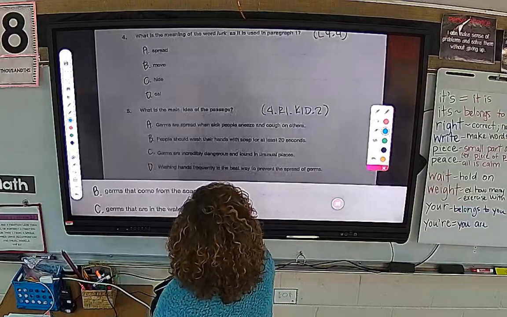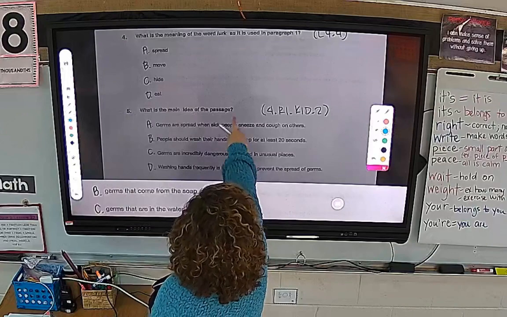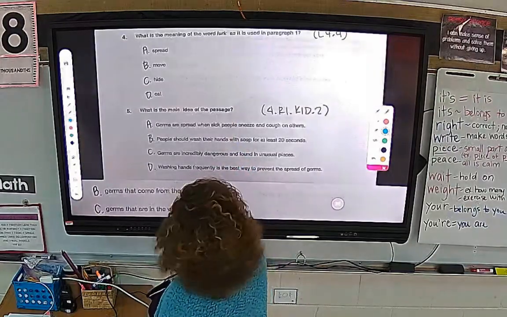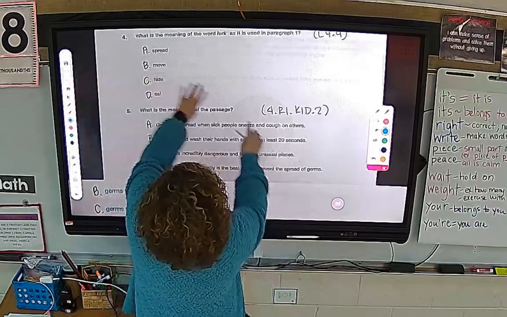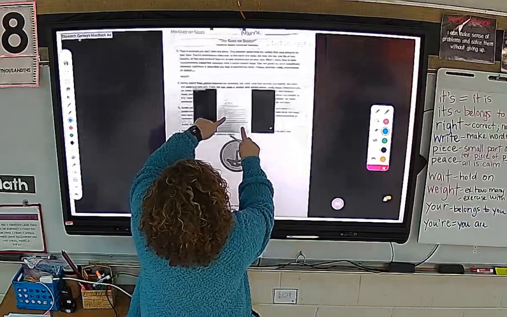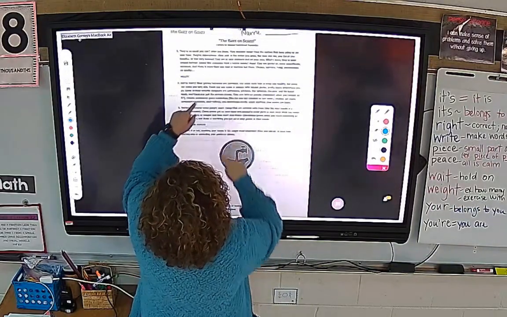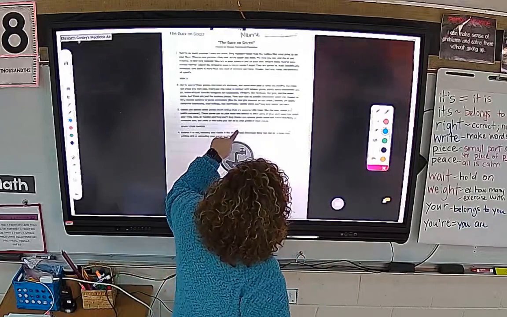Oh, I'm glad to read about germs and sick people sneezing every day. That's the one you have to make small. Why? Why do you do this to me? And then there's like 20 behind it.